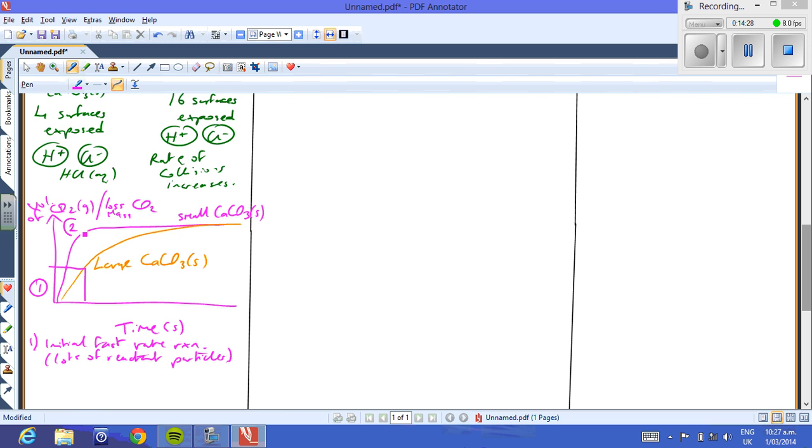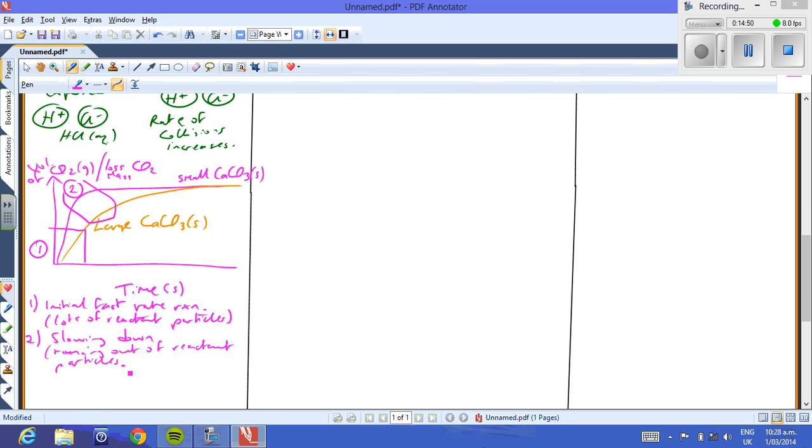The second section, I like to call it, is the rate slowing down, and that's because you're starting to run out of reactant particles. As I've mentioned in class, it's specifically the H plus and the Cl minus particles that you start to run out of, because you had quite a low concentration to begin with.